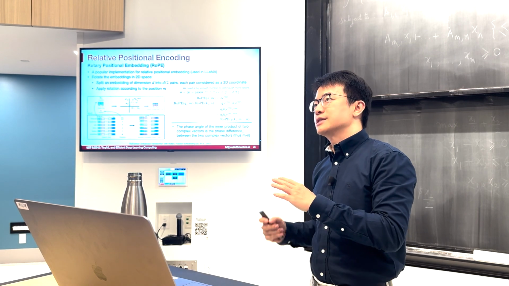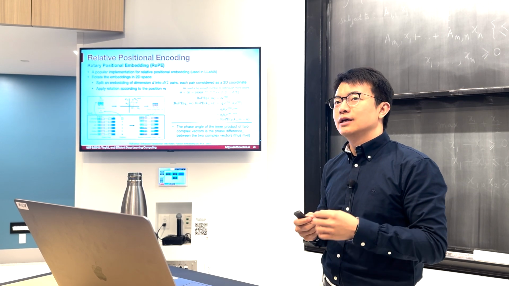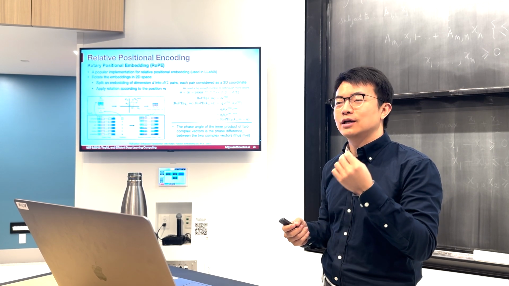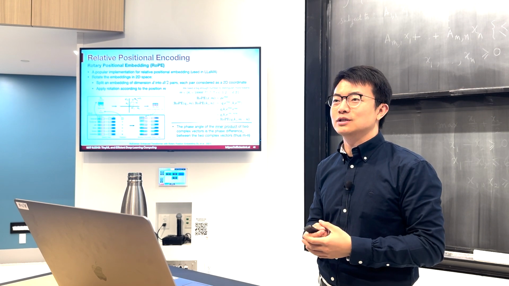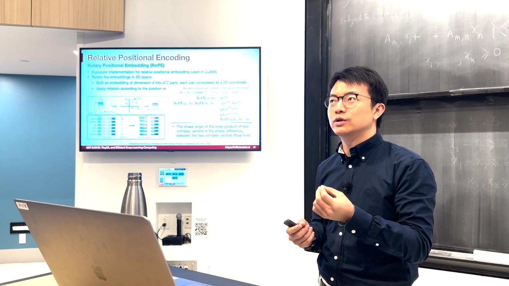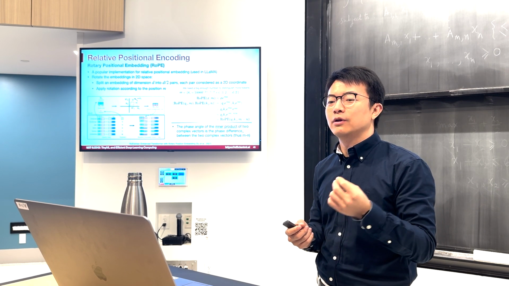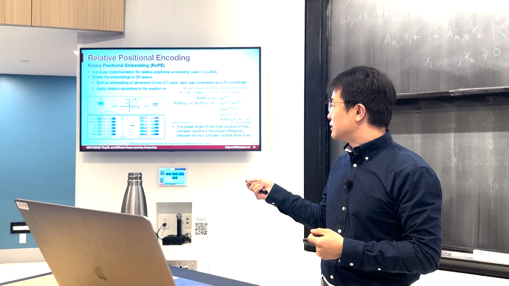So let's say you have 10 words. The same word appearing in location 1 versus location 10, previously it could not be distinguished. Now we want to distinguish whether this word appeared in position 1 or the last position, and that can be distinguished by the rotation.